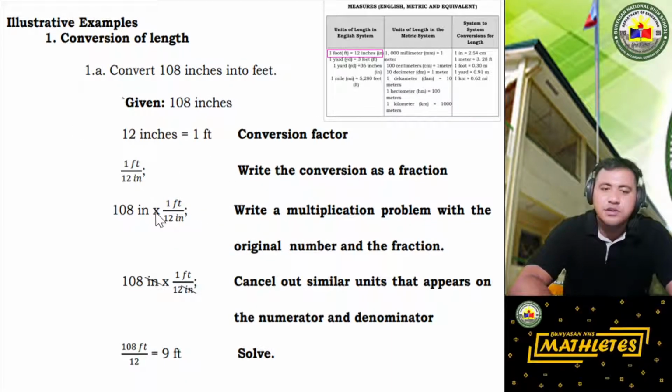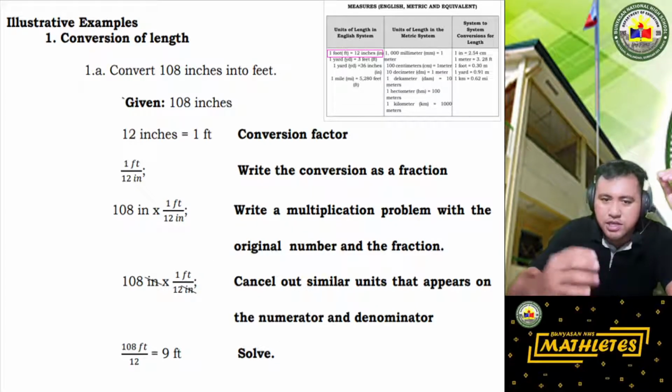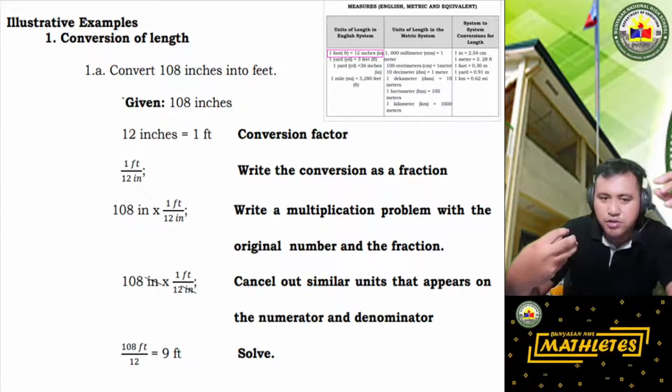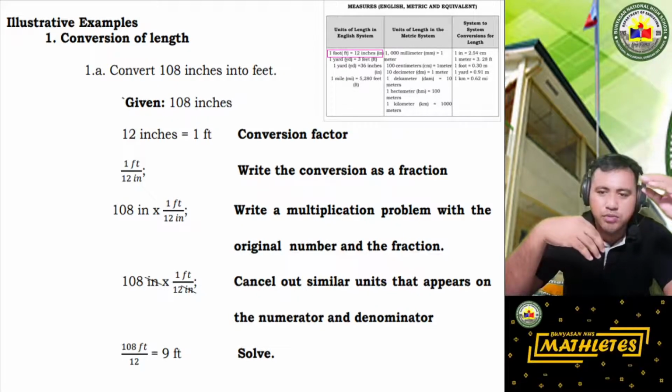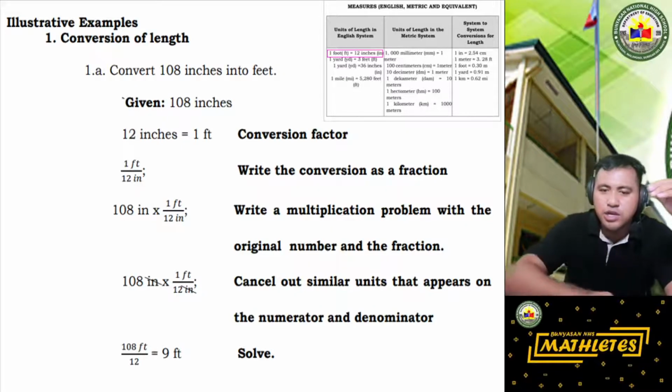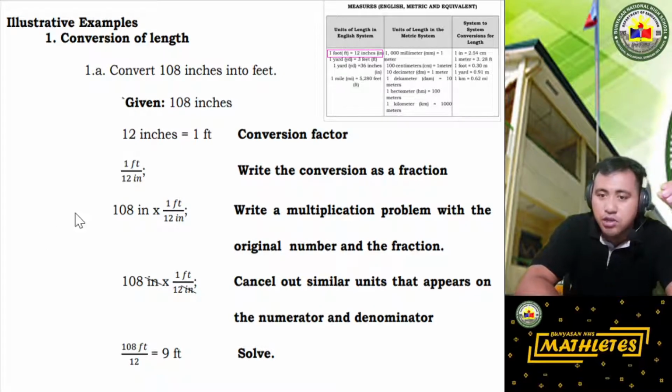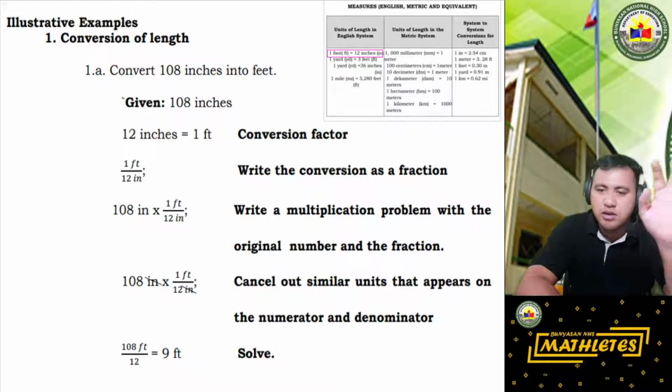Paano? Kasi pag inilagay natin yung isa sa denominator, magkakaroon ng numerator at denominator. Hindi sila magkapareho. Ang isa numerator, ang isa denominator. So, kailangan i-cancel. You cannot cancel the same units if they are both in the numerator.